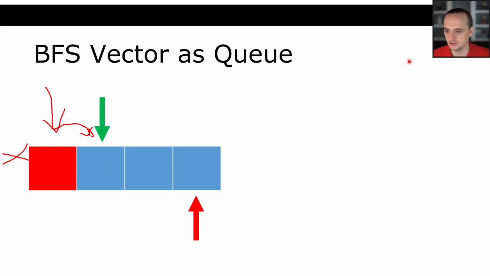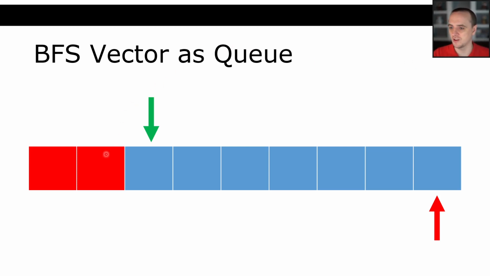Now, let's say I push some more things and pop another thing, right? Instead of actually removing this data from the queue, which is a linear time operation, I'm just going to be moving that pointer to the right by 1, okay? Now I'm at this point, and let's say I haven't added anything new to the queue, all I'm going to do is increment the index to the right.